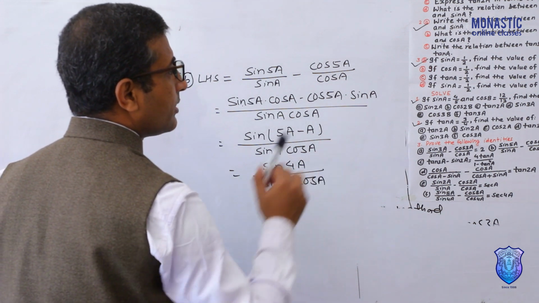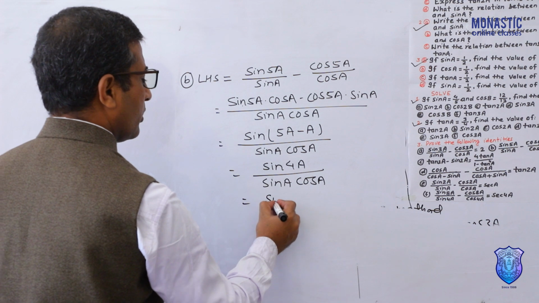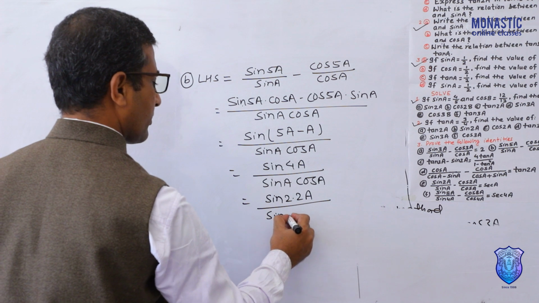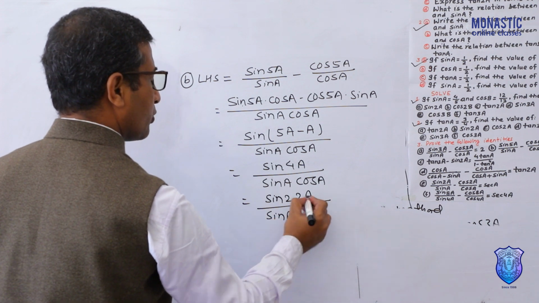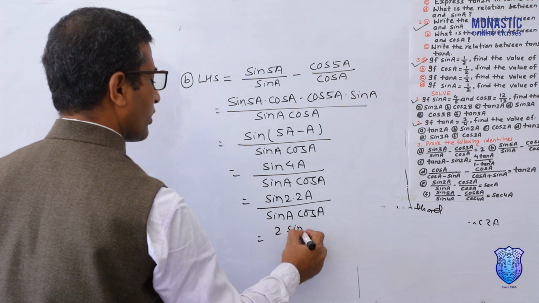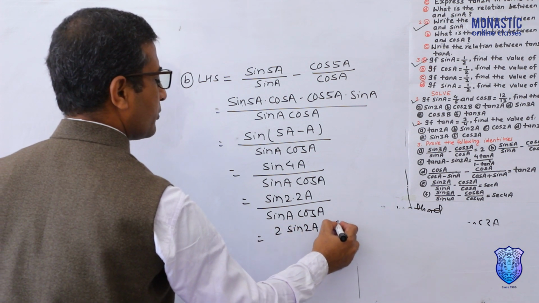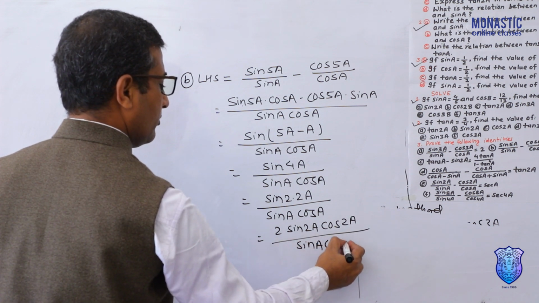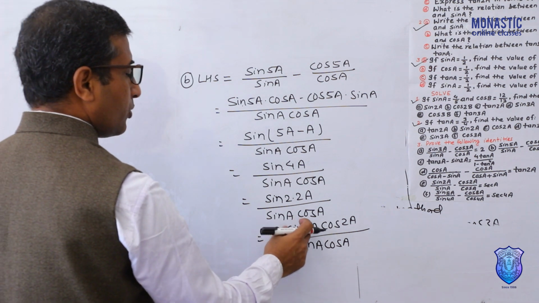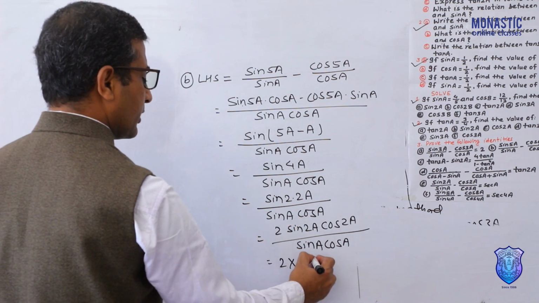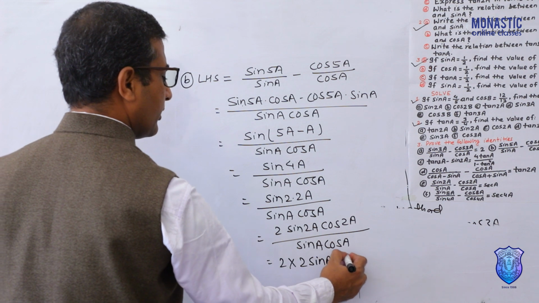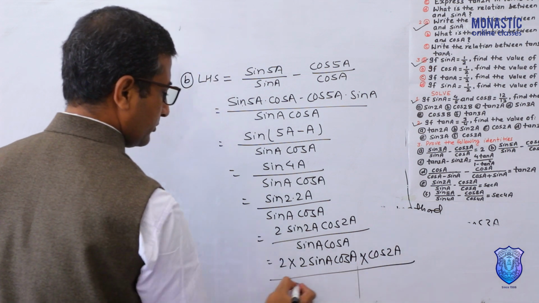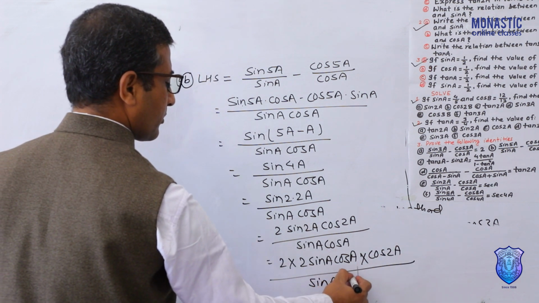Now we want the result in cos 2A. So in place of 4A we can write 2 into 2A. We have learned how to write the formula of this, that is 2 sine of 2A cos of 2A. Again, we have to write the formula of sine 2A, that is 2 sine A cos A into cos 2A.